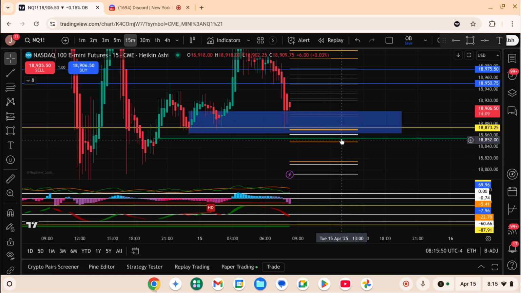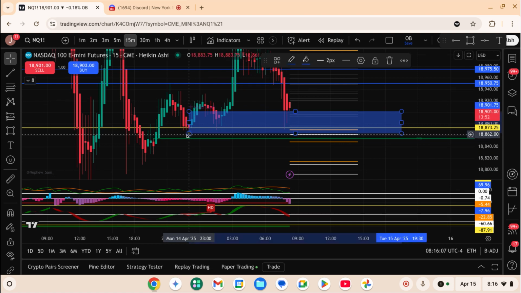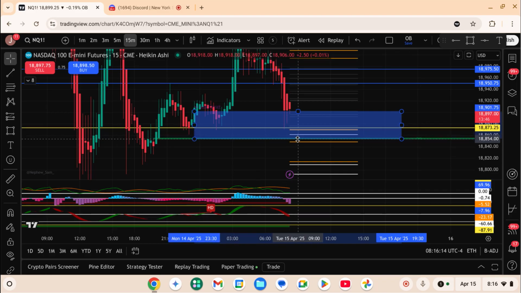So probably take this 4 hour low and this 1 hour low around this gap right here. This little green. So let's do this. Let's adjust this box to get that gap in there. And the liquidity.